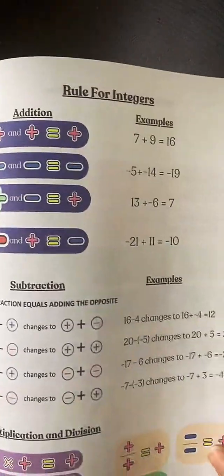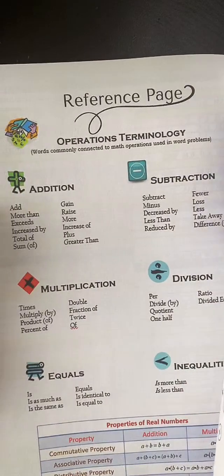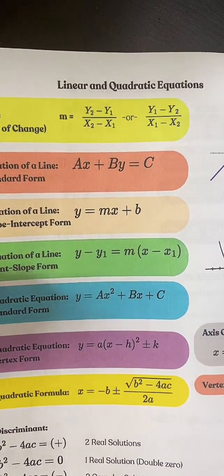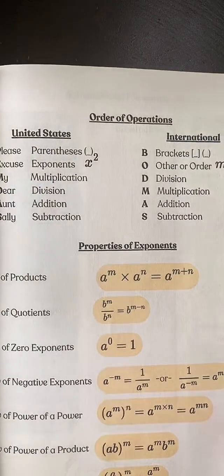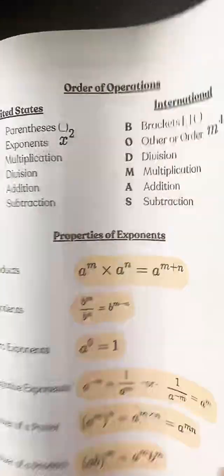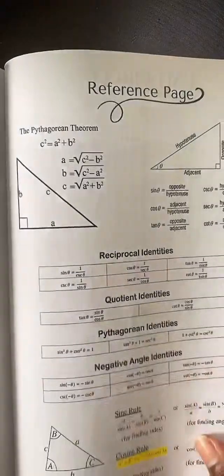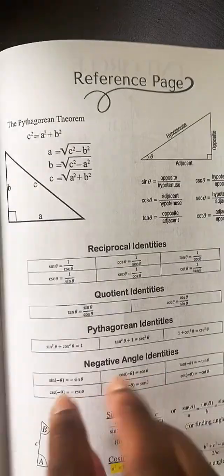So I also have your rules for integers here, the most used words for word problems, formulas for linear and quadratic equations, order of operations, and properties of exponents. We have SOHCAHTOA, the Pythagorean theorem, and some of the identities for those advanced Algebra 2 kids.